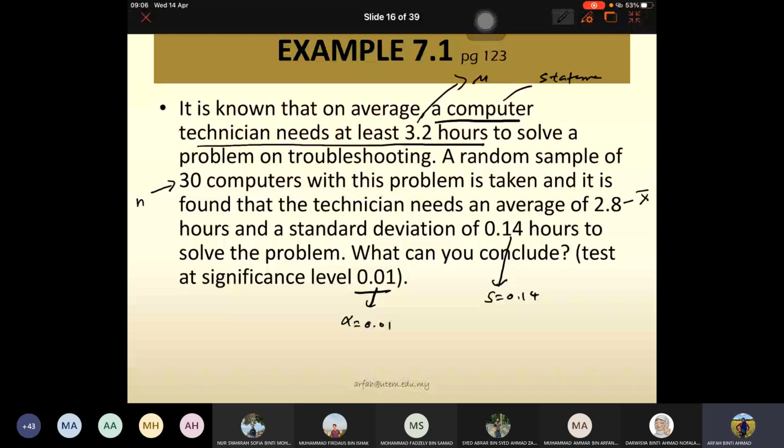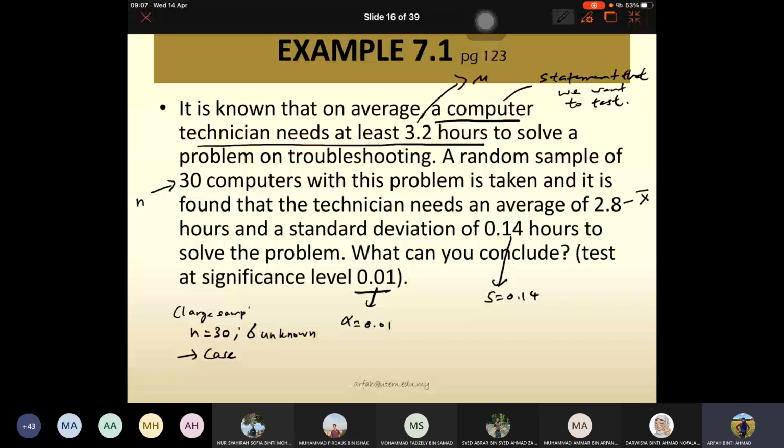So kalau tengok ni lagi satu, N equal to 30. Sigma is known or unknown? Sigma unknown. Okay, dia tak bagi. So dia akan case berapa? Case 1, case 2, case 3 atau case 4? Betul, case 2.